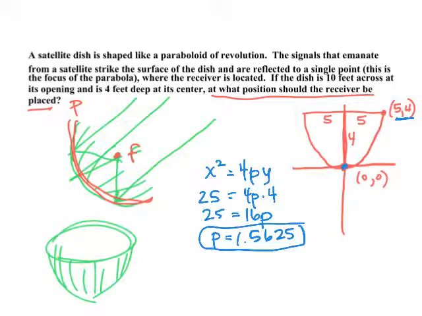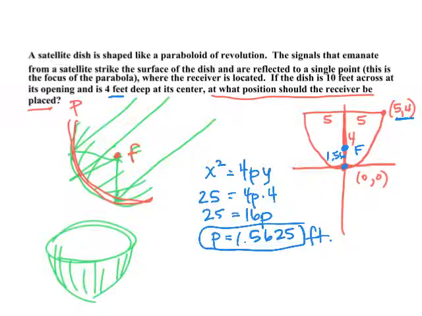So what that tells me is the distance to the focus point. If this is 4, it's about right here is my focus point. And this is 1.56. And in this case, since we're talking feet, this is feet away from the vertex. And that's all you needed to find. We can, though, rewrite the problem here.